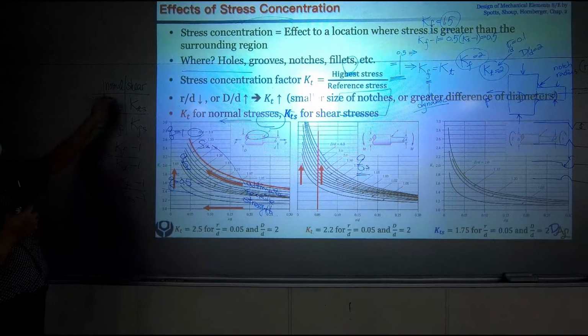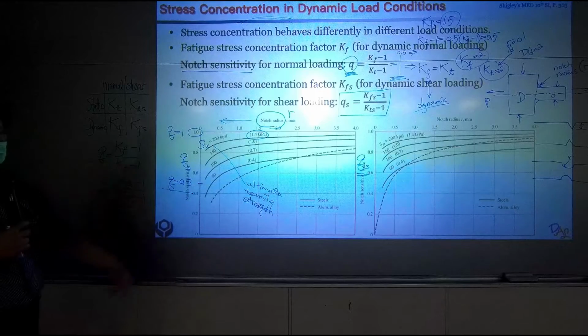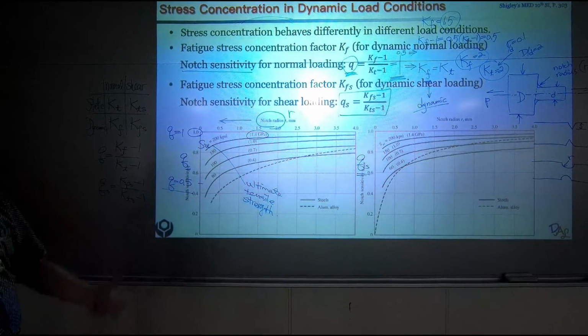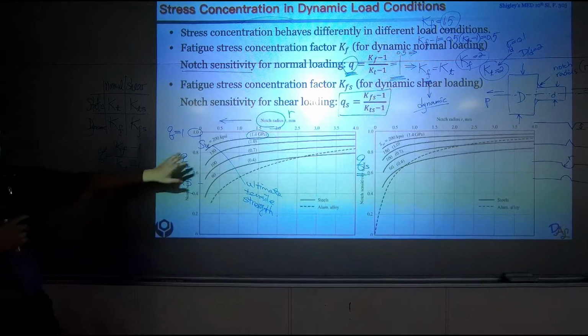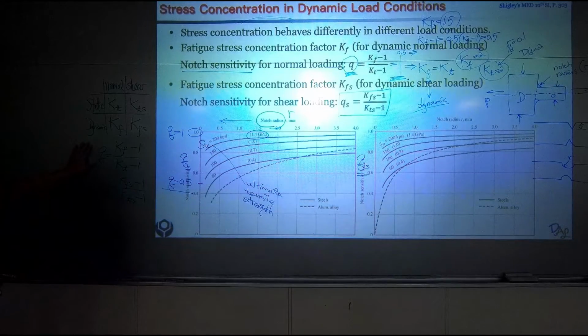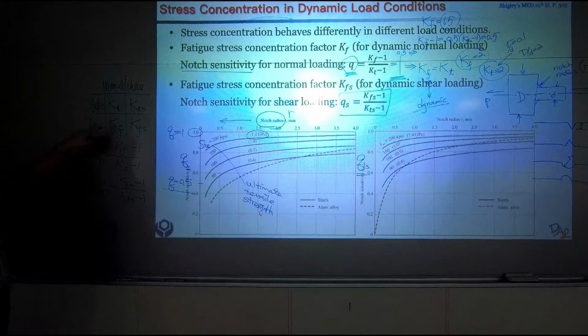Once you have Kt and Kts, if you are also carrying dynamic loads, you want to worry about fatigue, then you need to check these two tables to study Q, the notch sensitivity. Once you have Kt and Q, you can estimate Kf, the stress concentration factor for normal stress in the dynamic loading case.